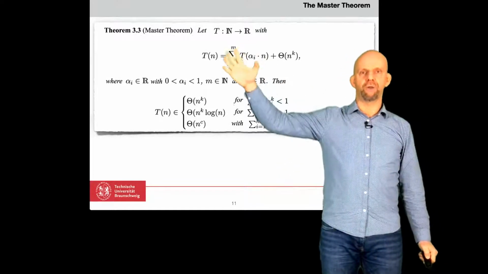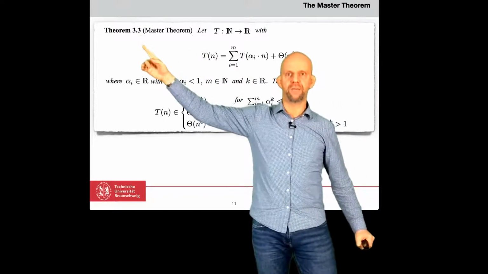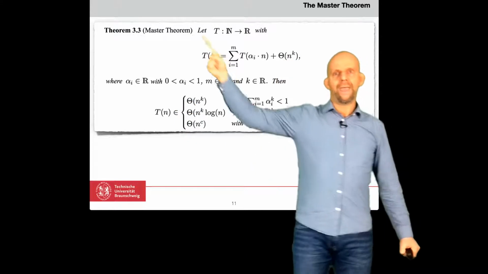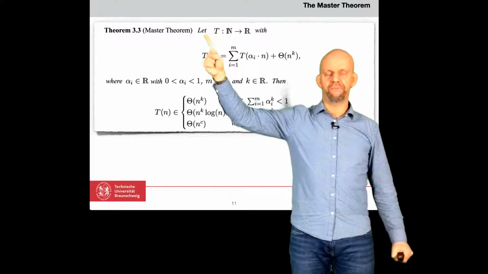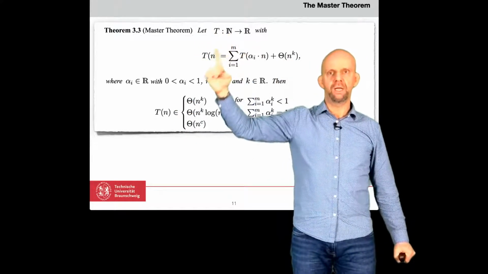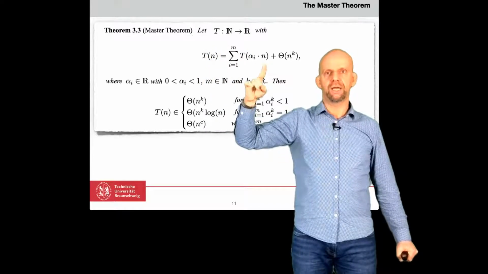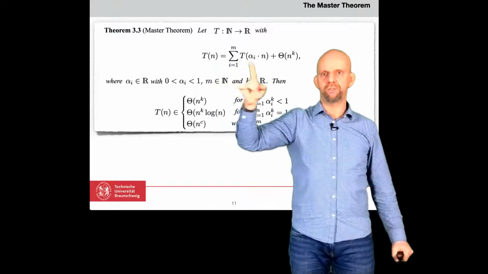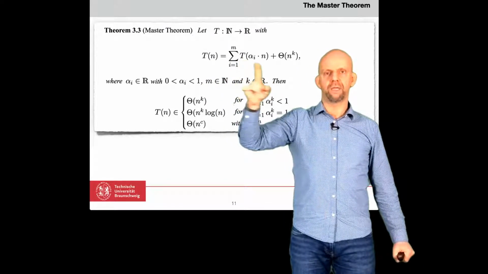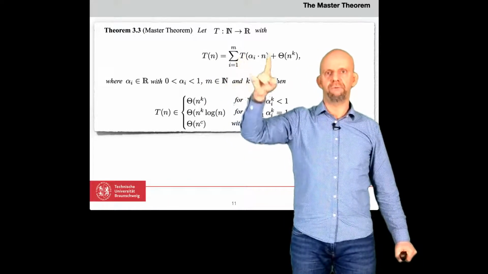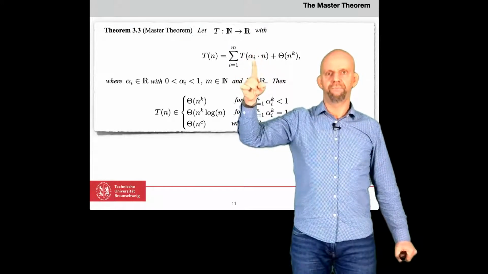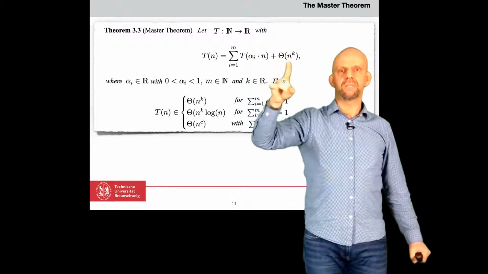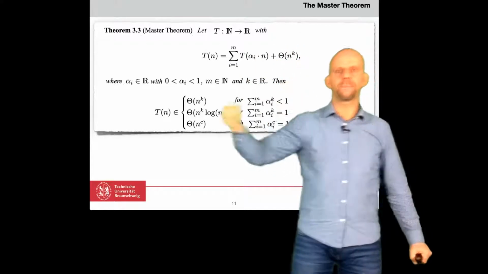Here is a theorem. This is the third item of this chapter. We had a definition. This says, okay, we have a function from n to r, and this function looks like, well, the function of n is defined by something times t of something times n, and then you have some theta of n to the k.